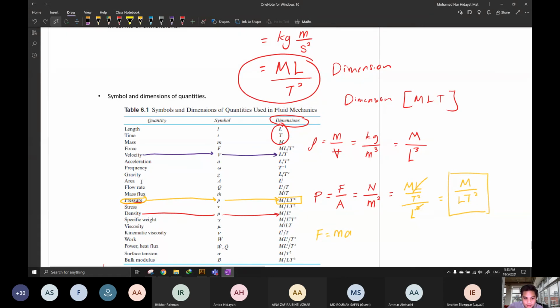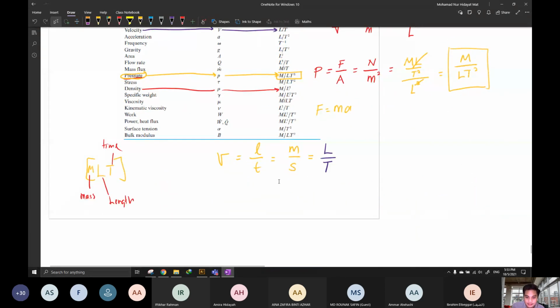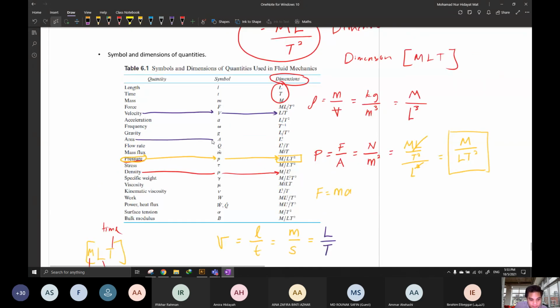Area. You can see area is length multiplied by length, or meter squared. What's the dimension of meter? The length, so L squared. Can you see here? We have the meter, we have the area.